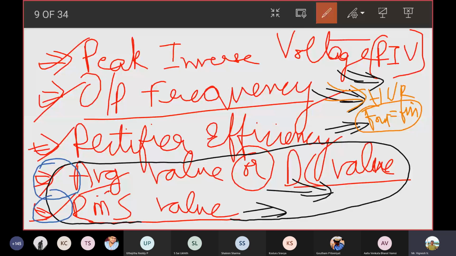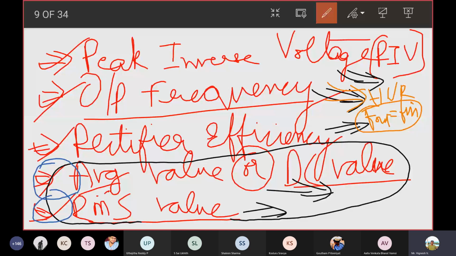So first, let us find out what the average value is. The average voltage is given by 1 by T, integral 0 to T, V of t dt.